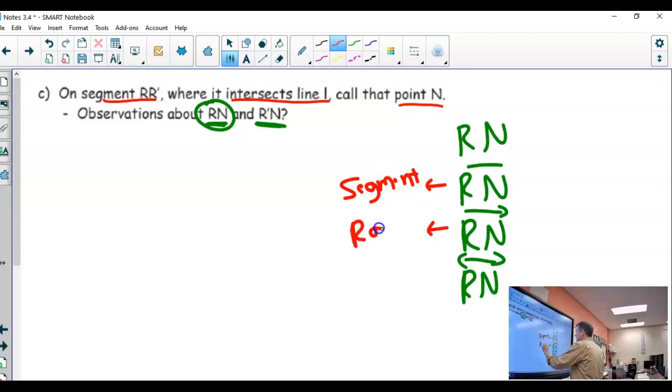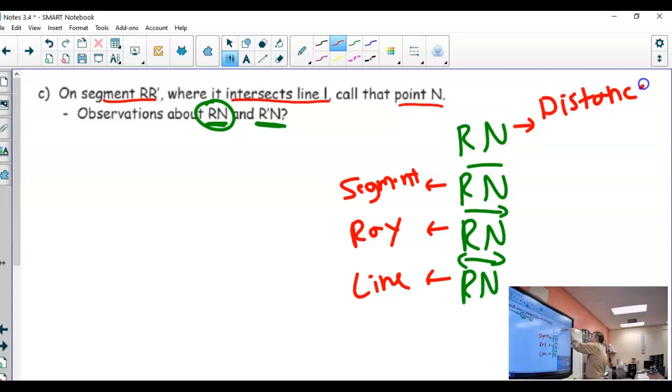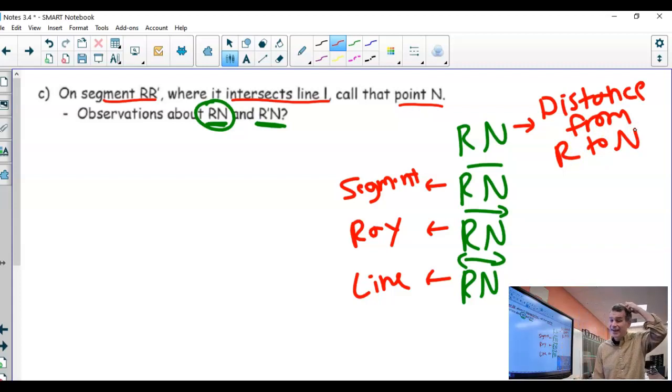And this means a ray, which means it starts at R and goes all the way through N, has 1 endpoint. This is a line. It goes forever in both directions. But this one, when there's nothing above the R and the N, actually means the distance from R to N. That is what it means when these 2 letters are next to each other and have nothing over top of them. All right, that's it.